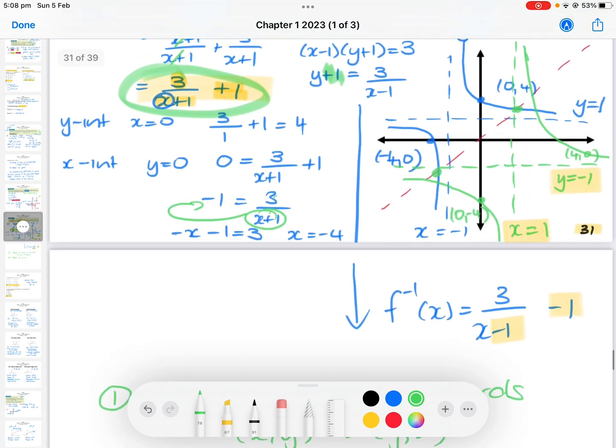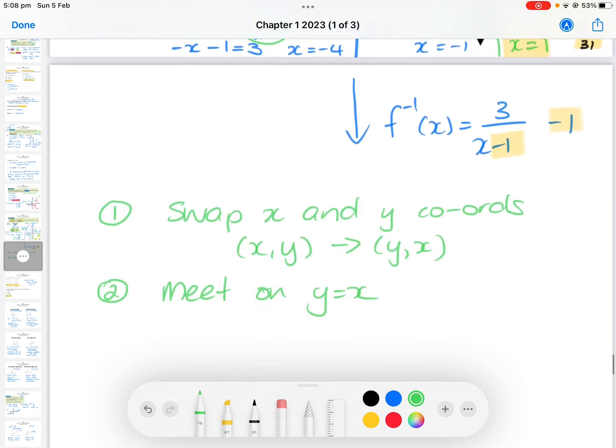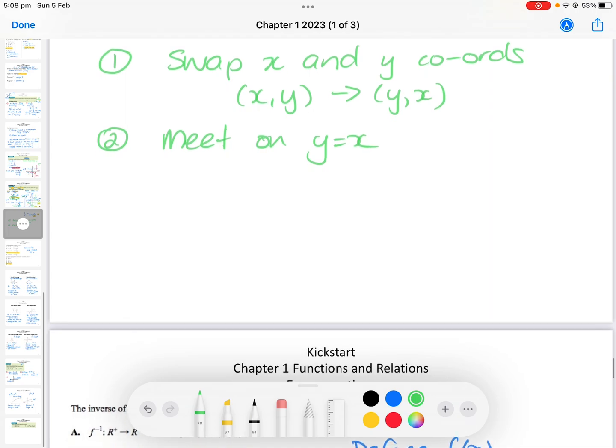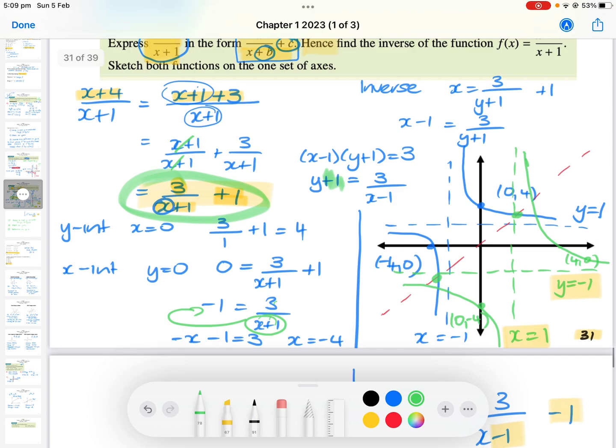And did we do that up here? Yep. And then the third thing that we need to know is that it looks like a reflection or folded over the line y = x. So they meet on y = x, and we make sure that that shape looks like it would if it was flipped over that line.